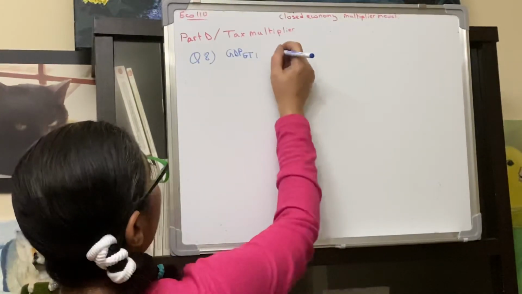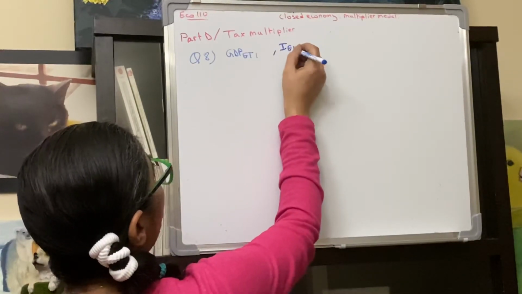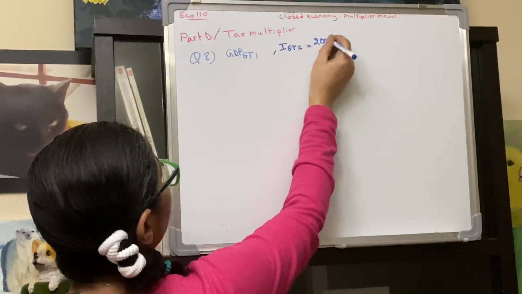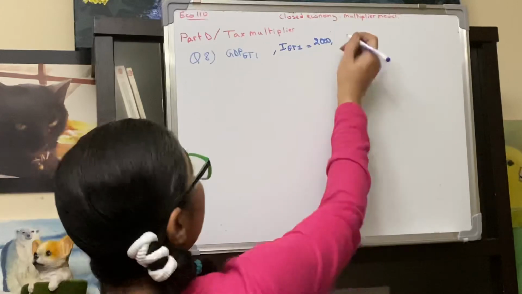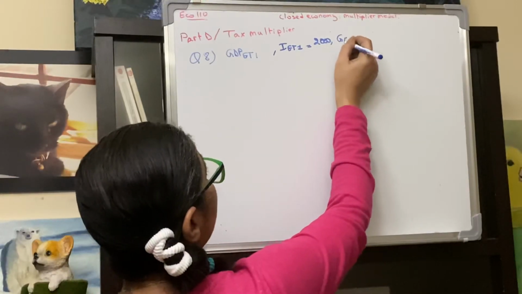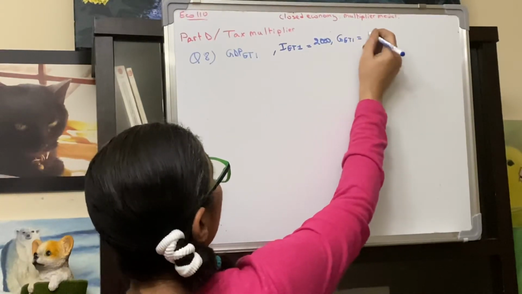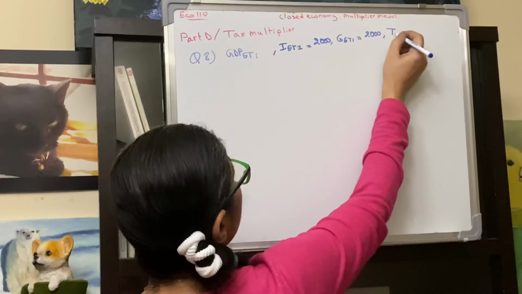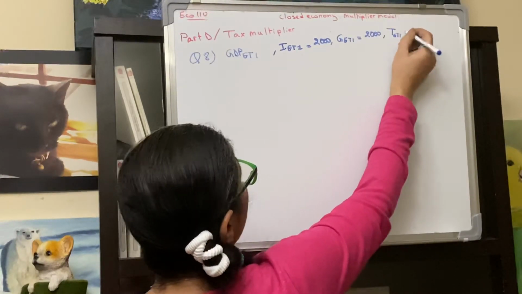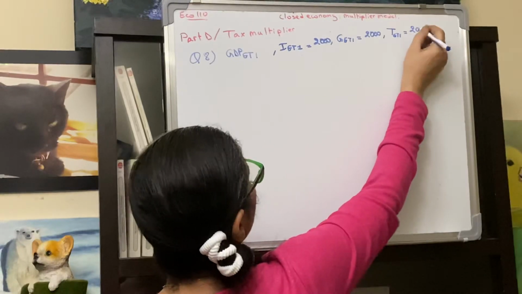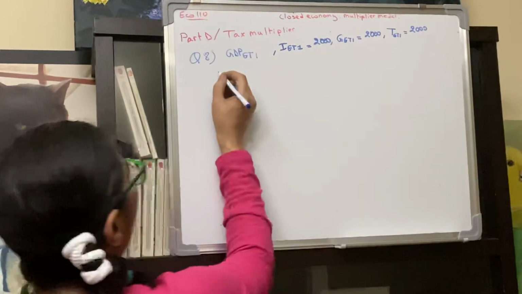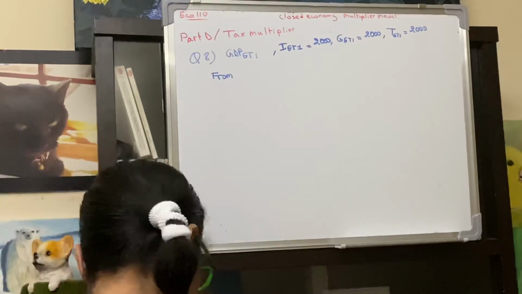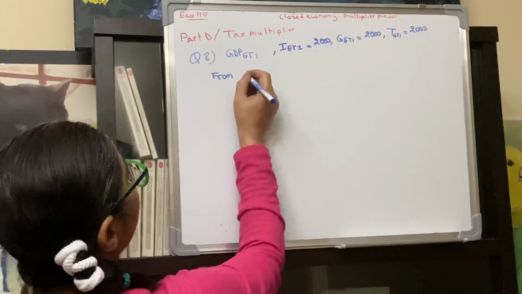You have I at ET1 equal to 2000, G at ET1 equal to 2000, and T at ET1 equal to 2000, but now I want it from E2.